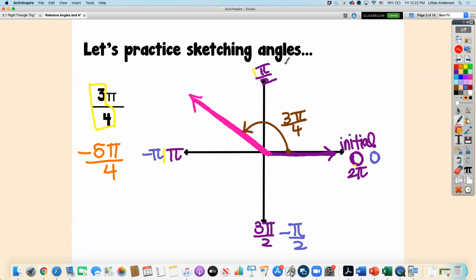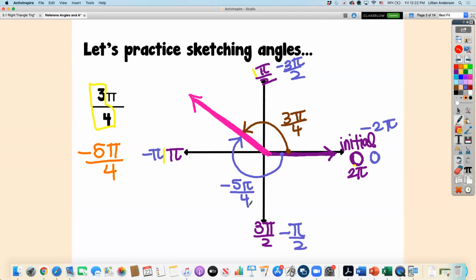This one here is a negative 3 pi over 2, and the last one is negative 2 pi. Okay? So negative 5 pi over 4, it's not like I'm going around multiple times with my little arc, okay? I'm literally, again, still starting at my initial side, going clockwise and ending exactly where that terminal side is.